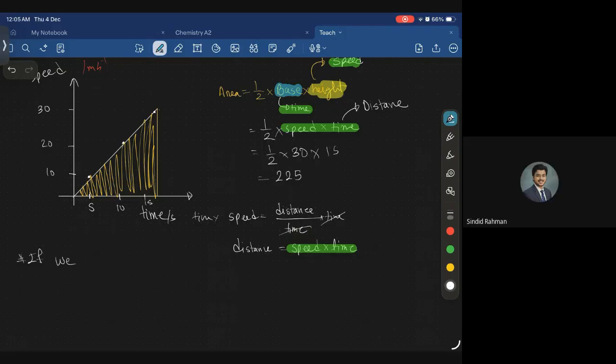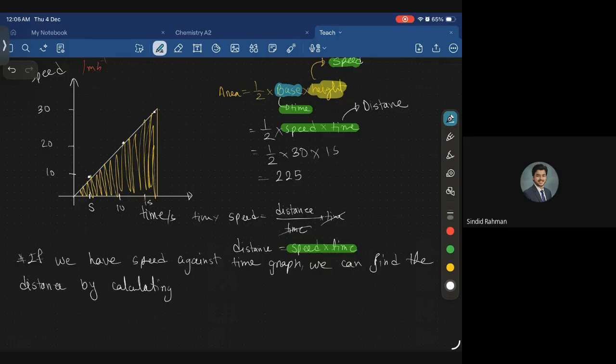So if we have a speed against time graph, we can find the distance by calculating the area under the graph, right?